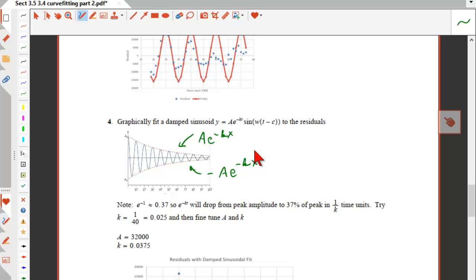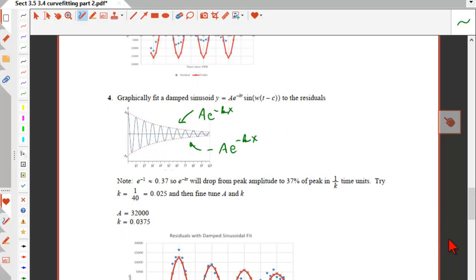As x or t gets larger, the decaying exponential gets smaller, and that squeezes the amplitude of the oscillations down, which is exactly what I want to do in this problem. Then it's a matter of letting A and k play games with each other and try to get those adjusted so that the amount and speed of decay is appropriate for my data.